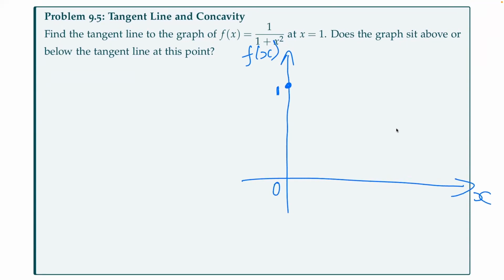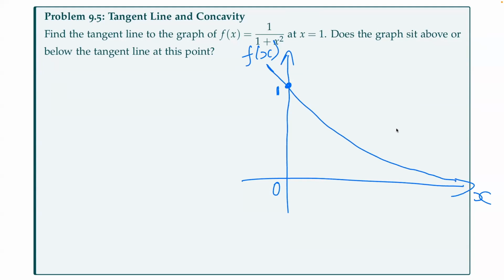As x gets really, really large, the denominator is going to get really, really small. So as x tends towards infinity, f of x is going to tend towards 0. So I know that this graph is going to look something like this. And we're asked to work out whether my tangent is above or below the axis when x is equal to 1.